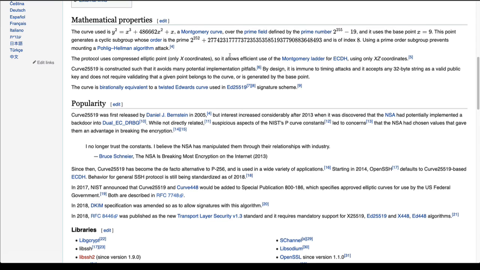I do prefer the 25519. And here's the quote: "I no longer trust the constants. I believe the NSA has manipulated them through their relationship with industry." And Bruce Schneier is a cryptographer who won the NIST competition and developed the other encryption standard that is used out there.